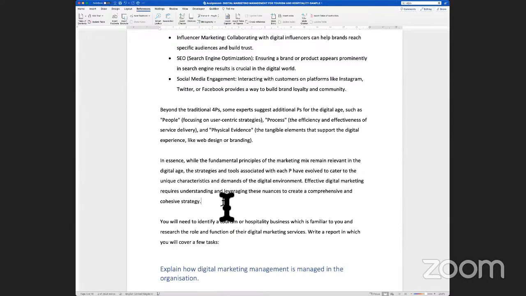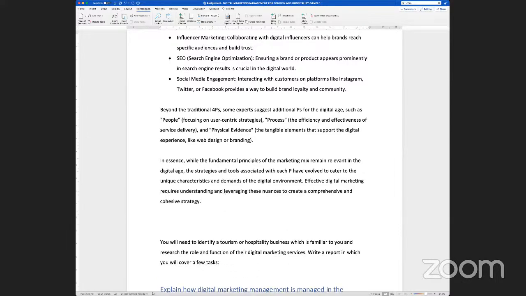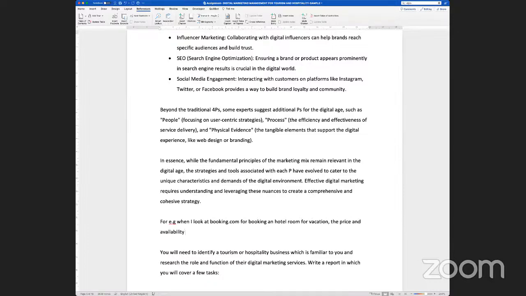So here I would have wanted to, for example, when I look at bookings.com for booking a hotel room for vacation, the price and availability on the website varies during the course of the day that I am booking.